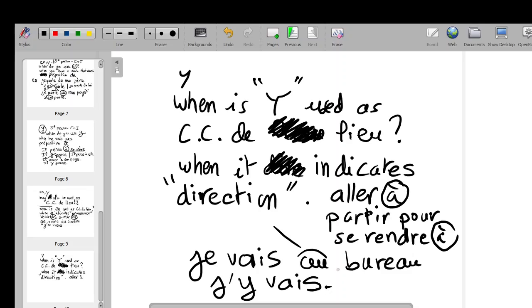Okay? So to sum it up, en and y can be used as a pronom personnel, but they can also be used as a pronom complément circonstanciel de lieu.